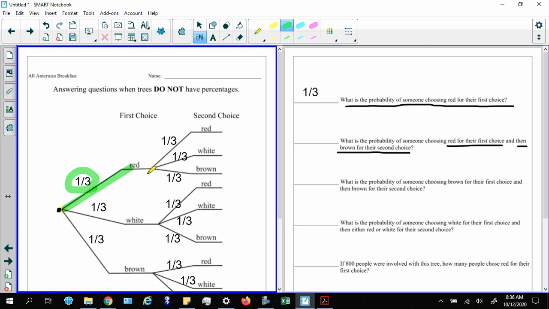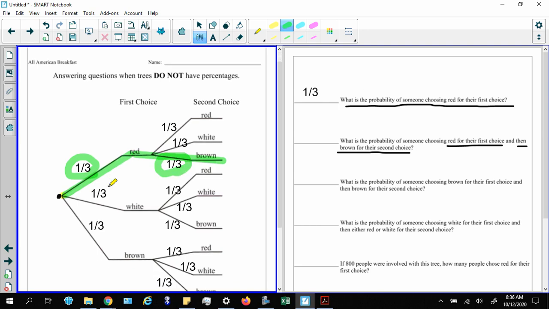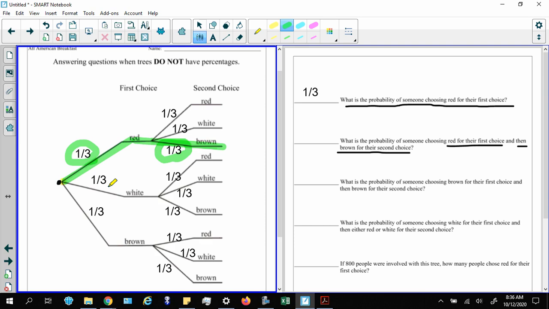And then brown for their next choice, which would again be a 1 out of 3 situation. Basically, I look at a tree like a map. In order to go from here to here, you had to take the 1/3 road, and then from red to brown you have to take another 1/3 road. So you had to use two roads, or two branches.